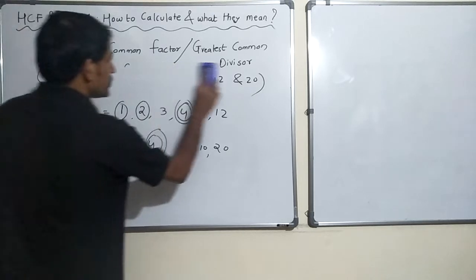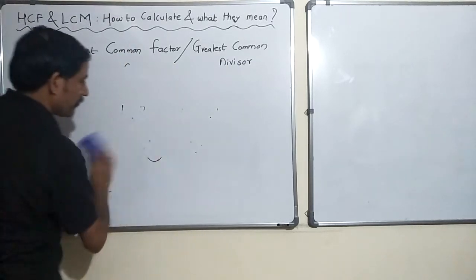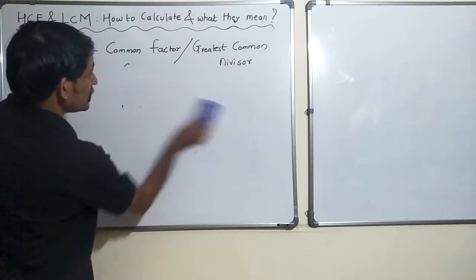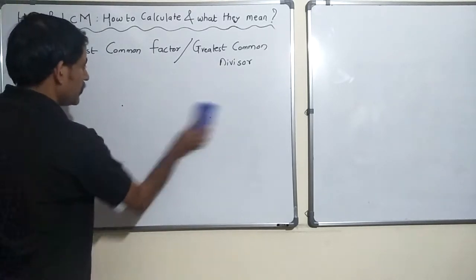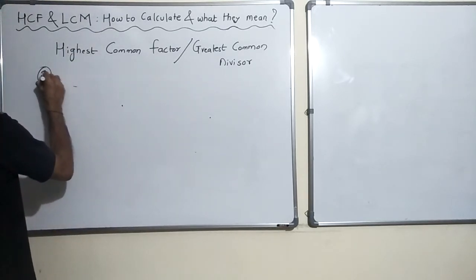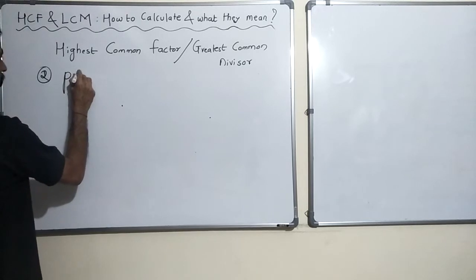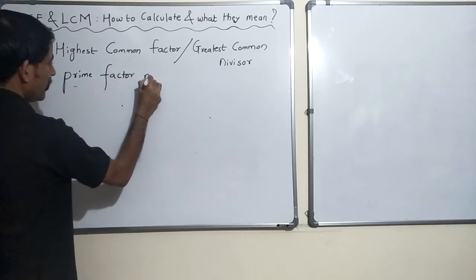We move on to the second method to find the HCF. Alright. The second method to find the HCF is the prime factor method. Okay. So how do we do it? Let's figure it out. Okay. So let's say second method is prime factor method.